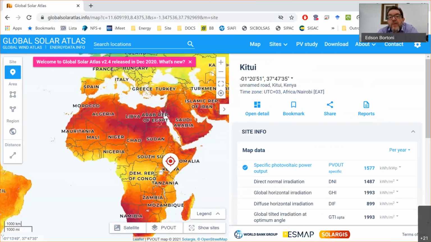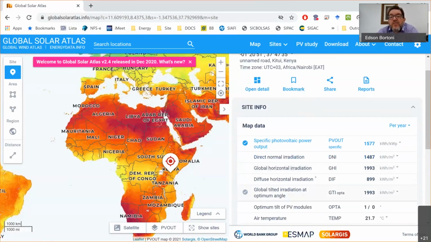Here, the global horizontal radiation is almost 2,000 kilowatt hour per square meter. So if you install photovoltaics here, you will get an average generation, sometimes more than that, sometimes less than that, but on average, you have almost 2,000 kilowatt hour per square meter.